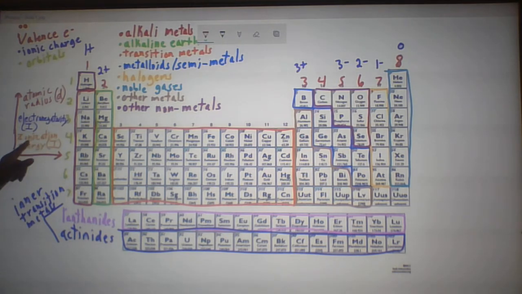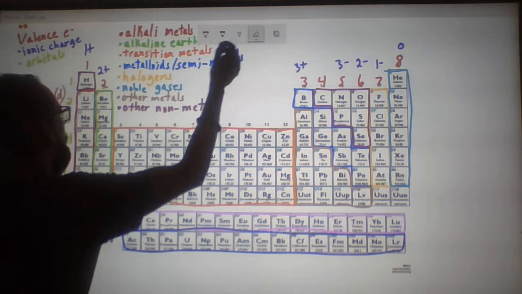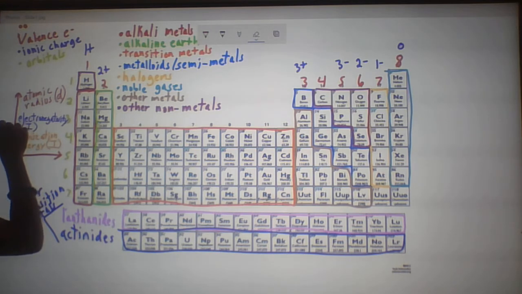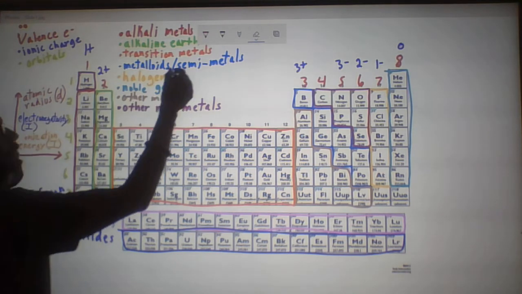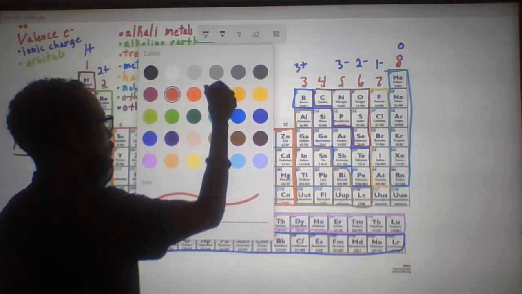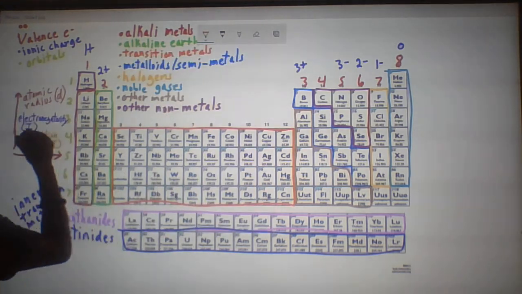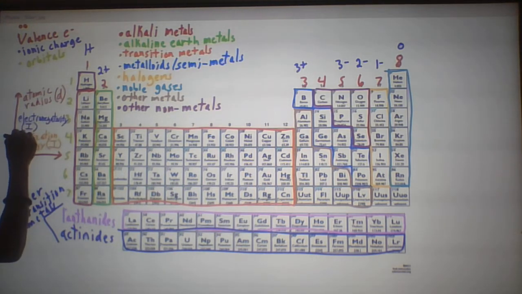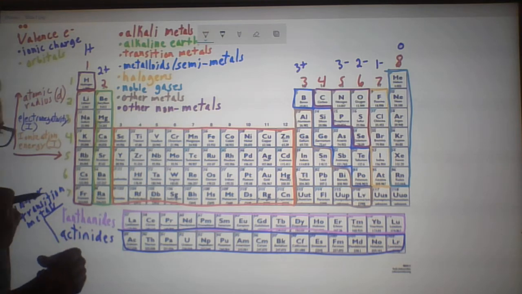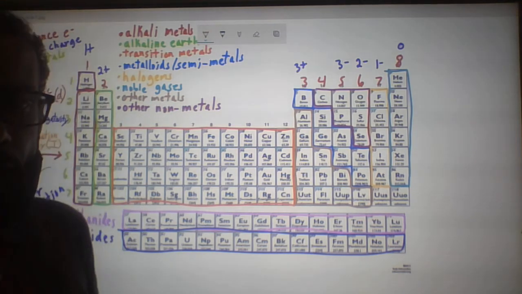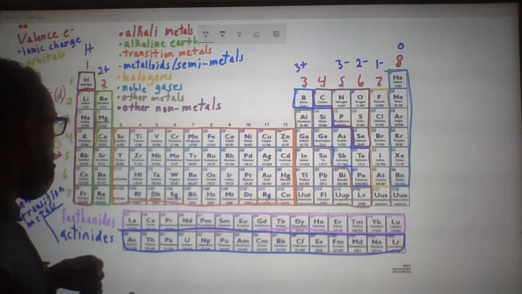All right, and the last one is ionization energy. And so ionization energy is the amount of energy that's required to ionize an element.